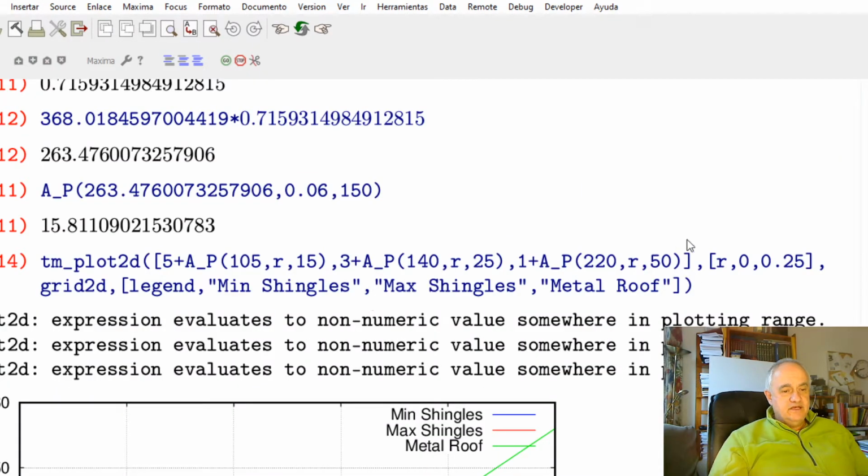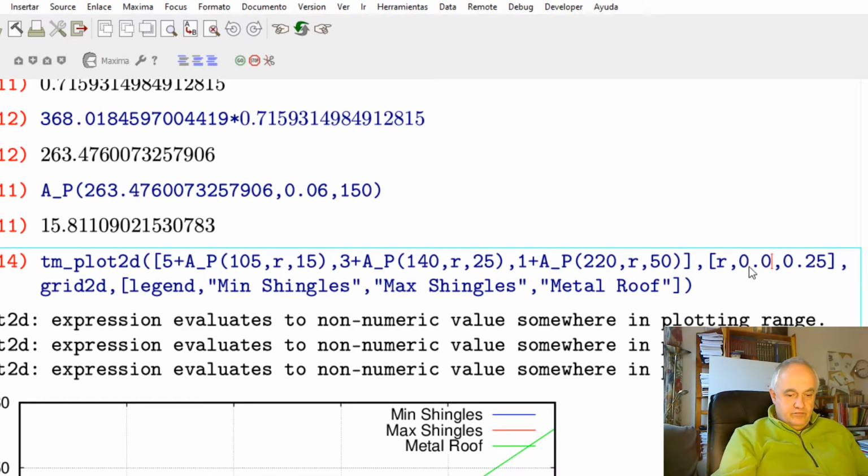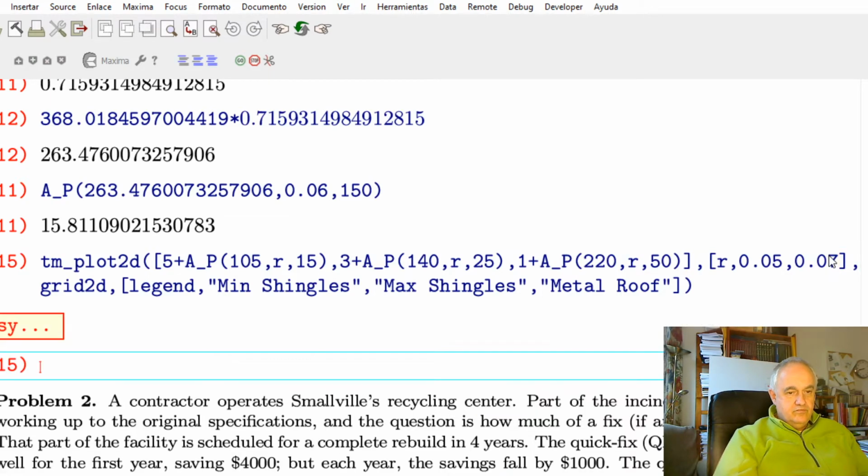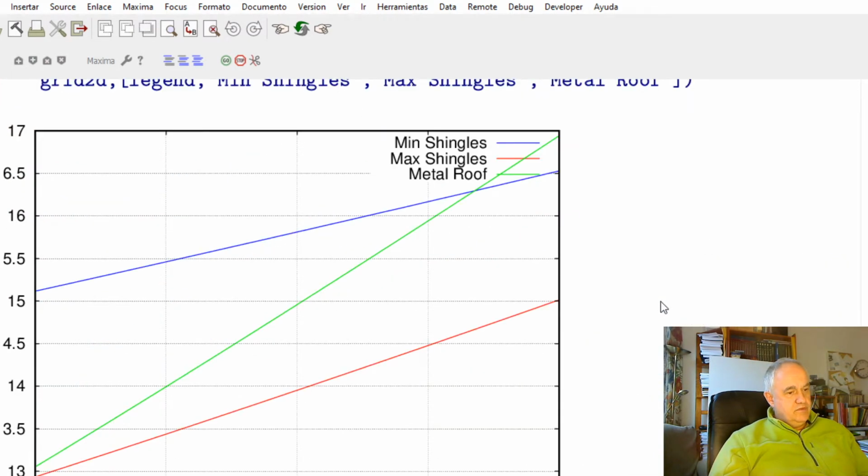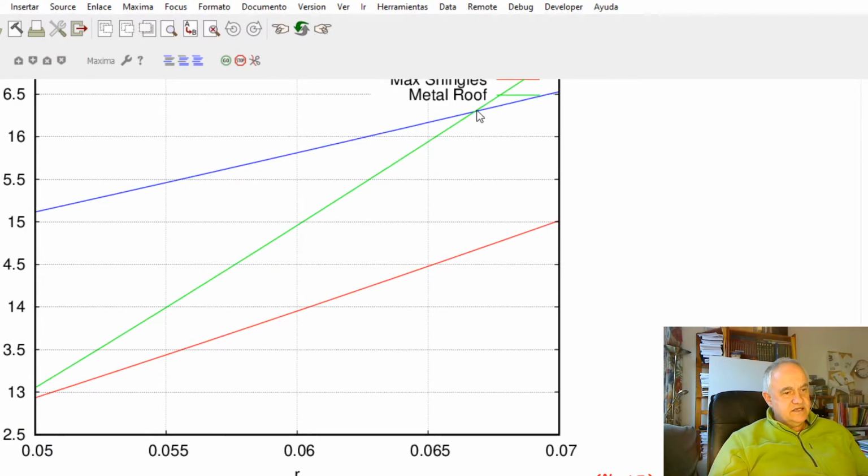Okay, to be more precise on the result, I will just move around. Obtain the plot and we'll see, okay, 6.5, 6.7 possibly. Okay, 6.7 is the limit for this case.